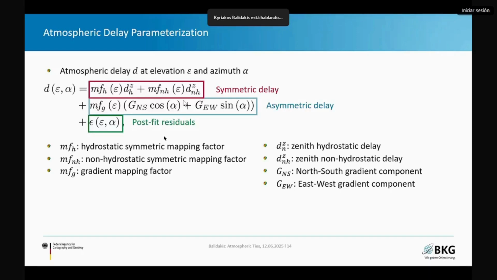Otherwise, the best is of course to download the weather model data, calculate the delays at exactly your locations, and then calculate the differences. But if this is not possible because of technical difficulties, there are institutes. Vienna provides grids of zenith delays, and you can do this from there.